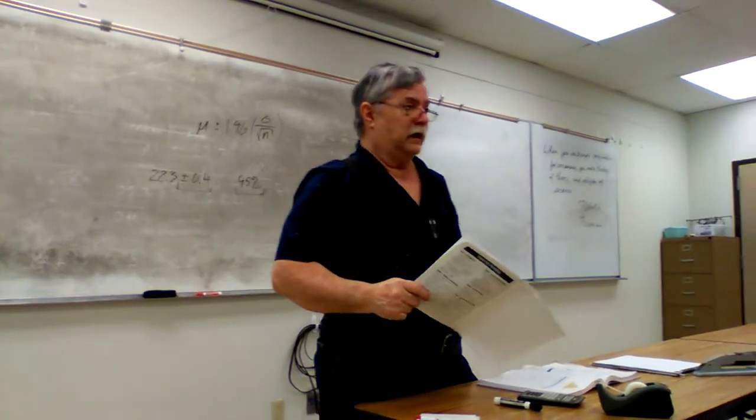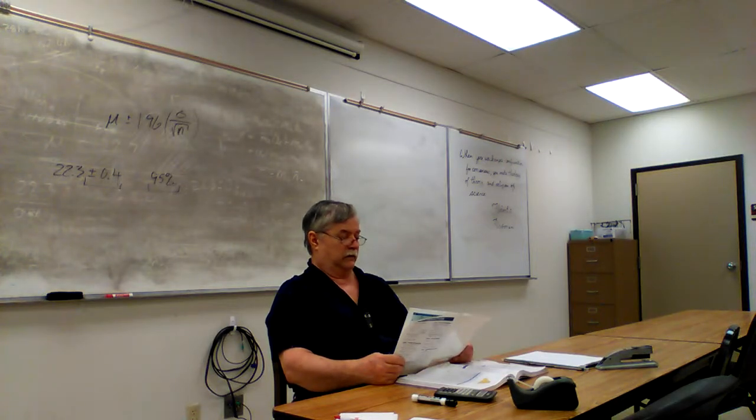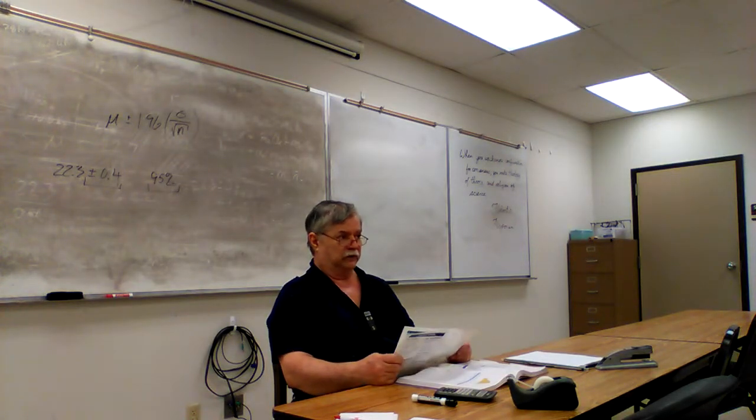What if we wanted a confidence interval of 99%? Then our alpha would be 0.01 and our alpha over 2 would be 0.005.